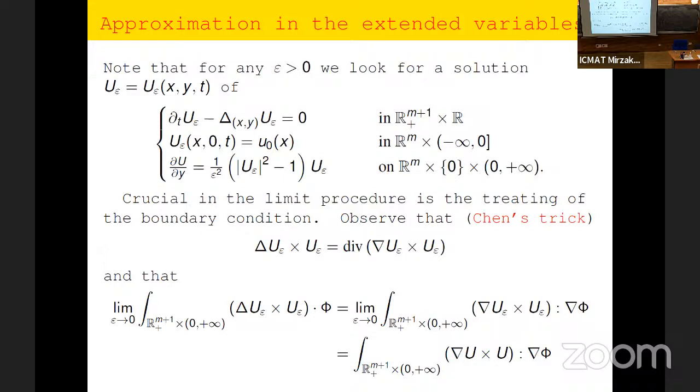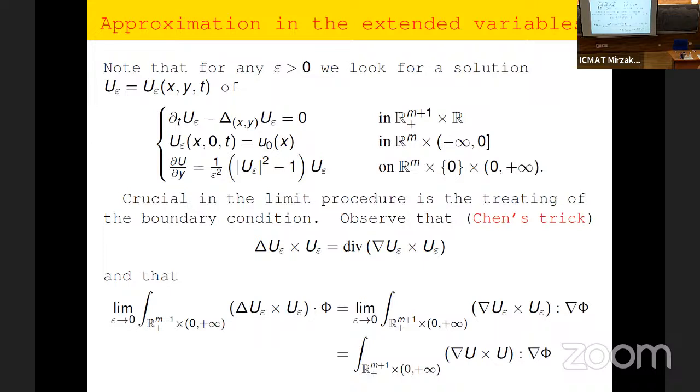The point now is that the boundary condition says that the Neumann derivative is parallel to U epsilon, which means that if you test with the cross product of U epsilon, this term disappears. So essentially here you're using this reformulation plus the energy regularity that you get, so you easily go to the limit inside the heat equation.